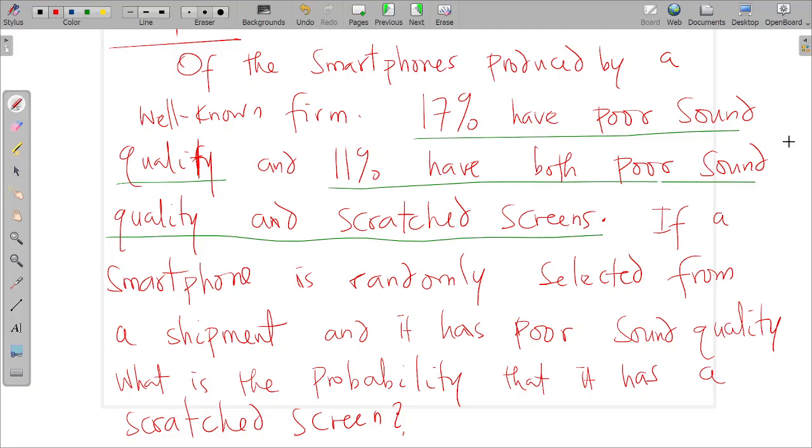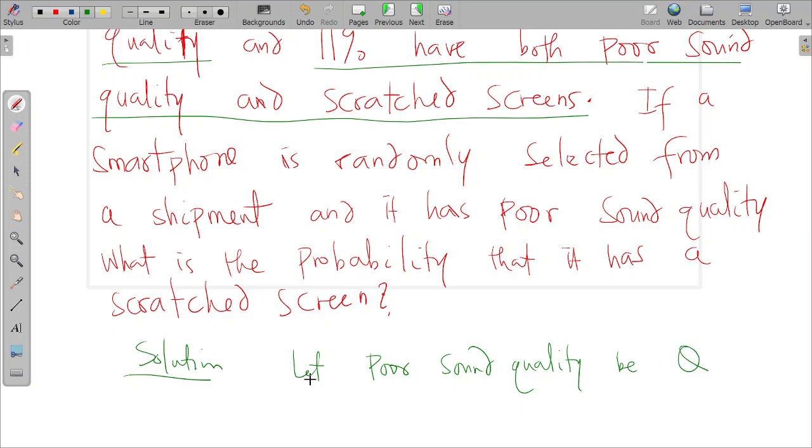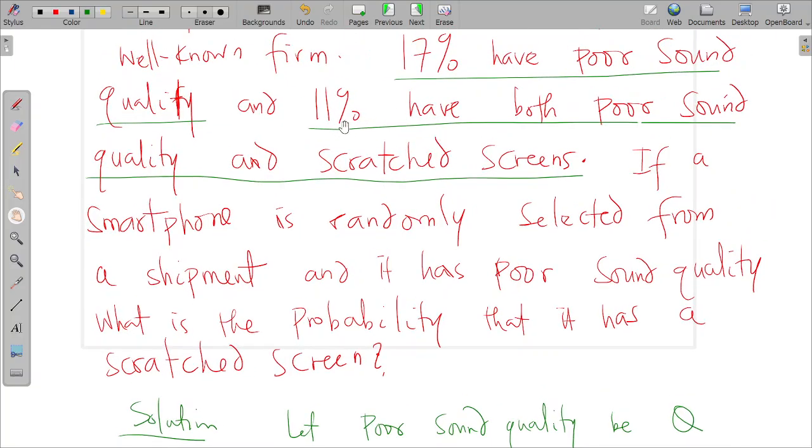Okay, so let poor sound quality be Q, and let scratched screen be S. Now you can see that from here we have both of them.